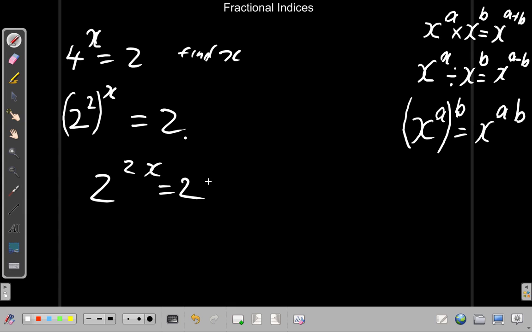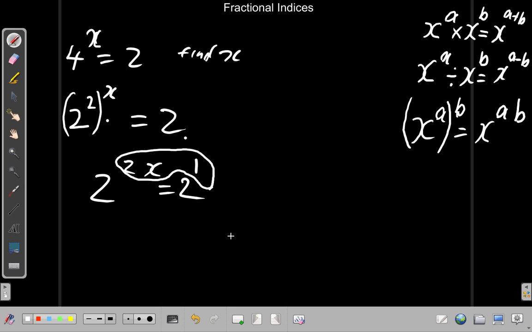Okay, good. But 2 is the same as 2 to the 1. Now, if you have 2 to the 2x equal to 2 to the 1, could it be that 2x is different from 1? That couldn't be. If 2 to this index and 2 to the 1 are equal, then this index must be equal to 1.